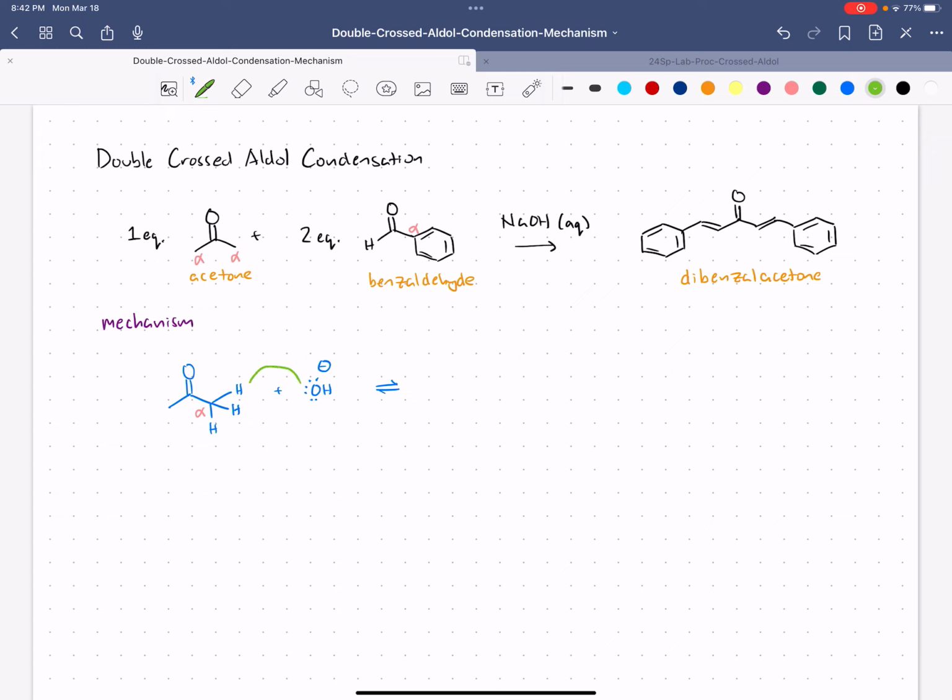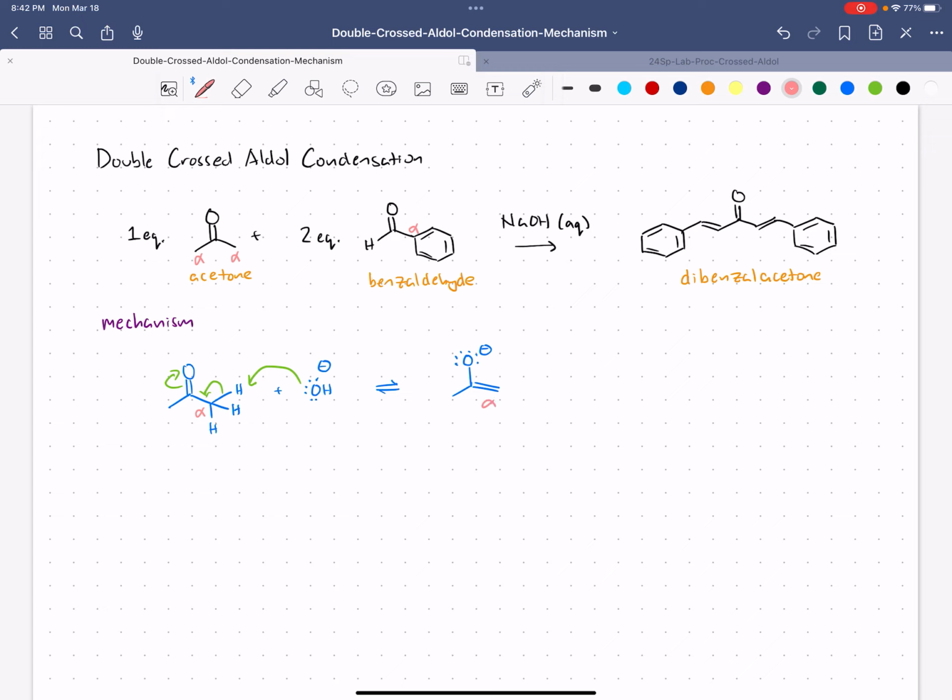And the other thing is I prefer that you make the oxygen enolate. What do I mean by that? The oxygen enolate is the enolate where the negative charge is on the oxygen, not on the alpha carbon.